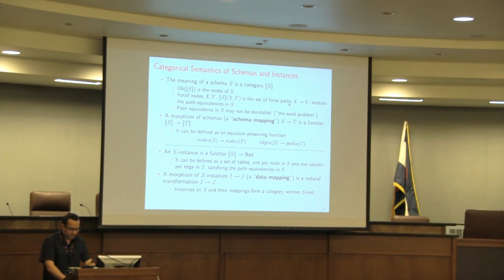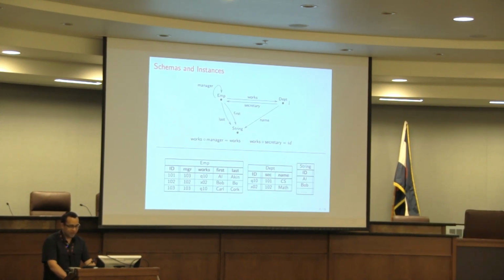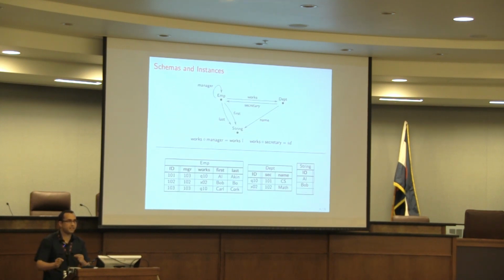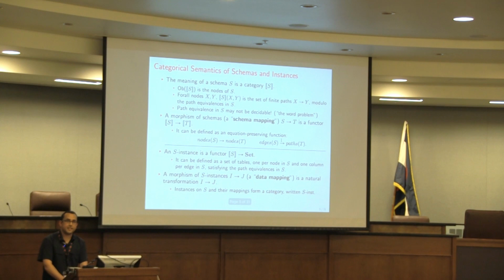So in this example, we can think of the morphisms from employee to department. You'd have one called works, but you wouldn't have one works composed with manager, because these two things are defined to be equal. So each schema denotes a category, and unfortunately, this question of whether two paths in this graph are equal according to these equations is not necessarily a decidable thing.